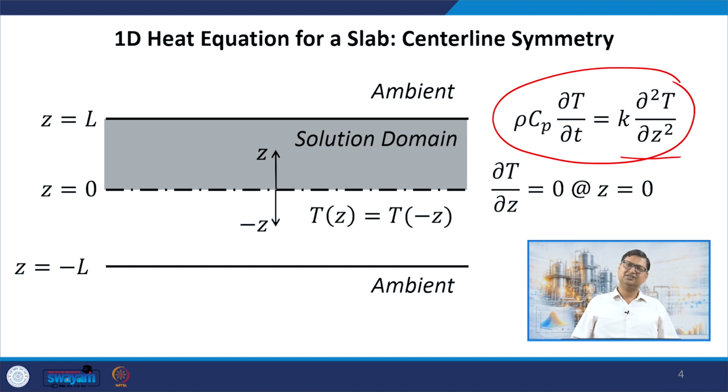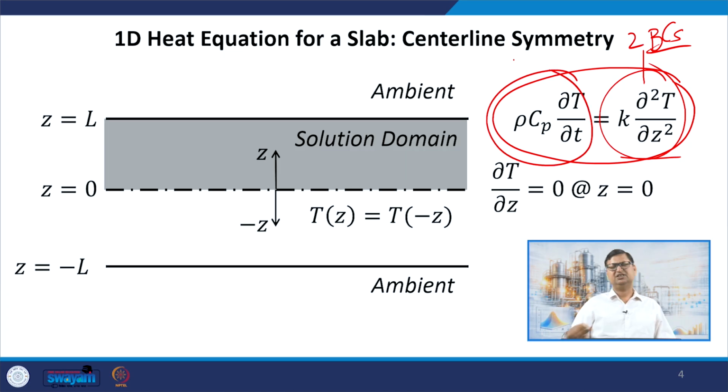We need two conditions for z, because we have a second order derivative of temperature in the z direction. So, we need two boundary conditions, and we need one initial condition for the temperature in time, because we have first order in time, right. So, the order of derivative defines the number of conditions we need. In this case, we need one initial condition in time and two boundary conditions in z, and we have to see how we can formulate that.